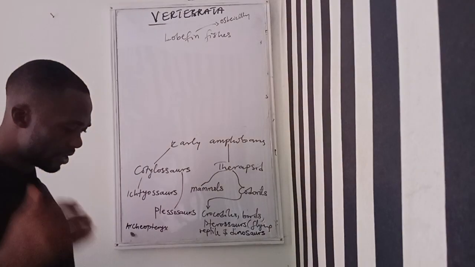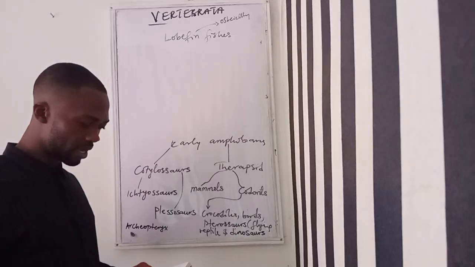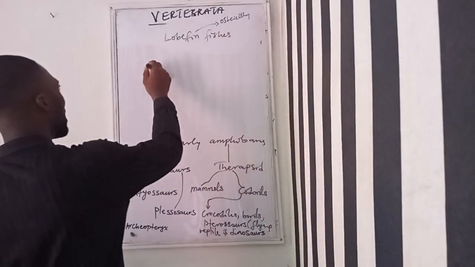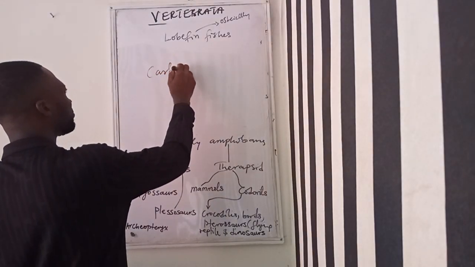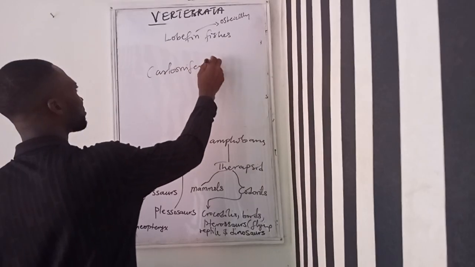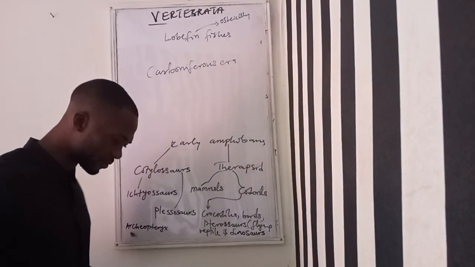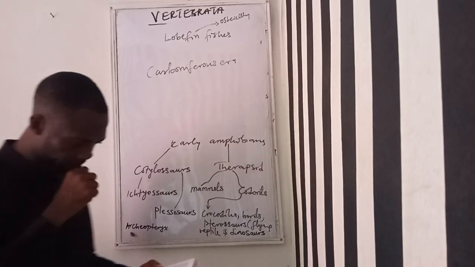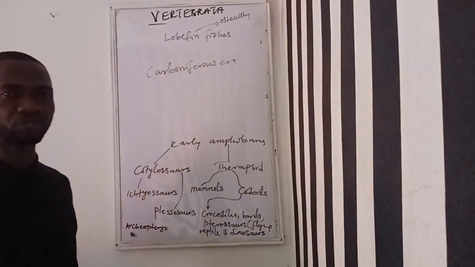So they eventually gave rise to the first group of amphibians, and the amphibians thrived within the Carboniferous era. That was the period when the amphibians flourished.